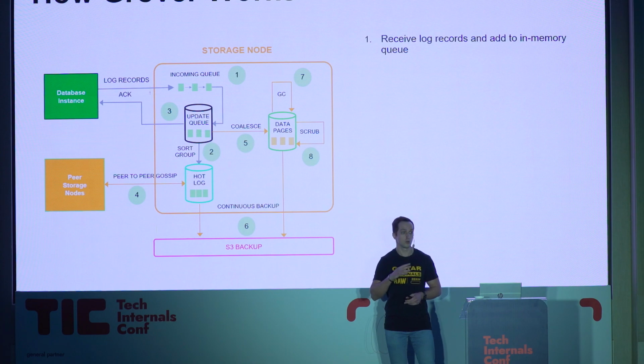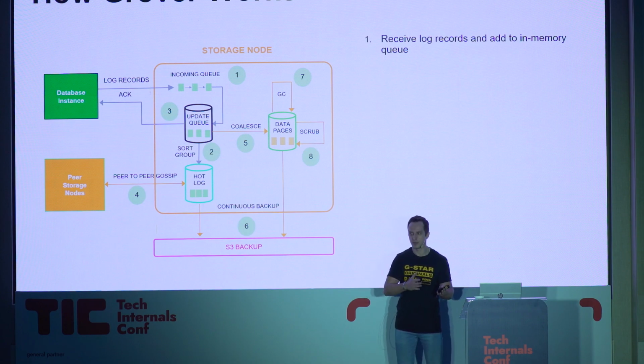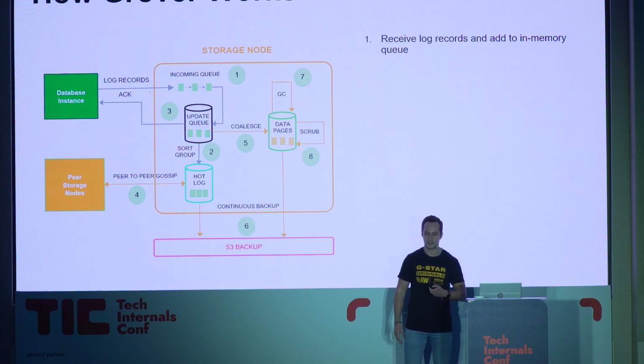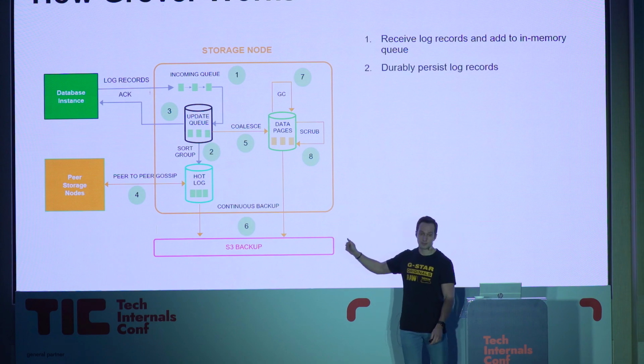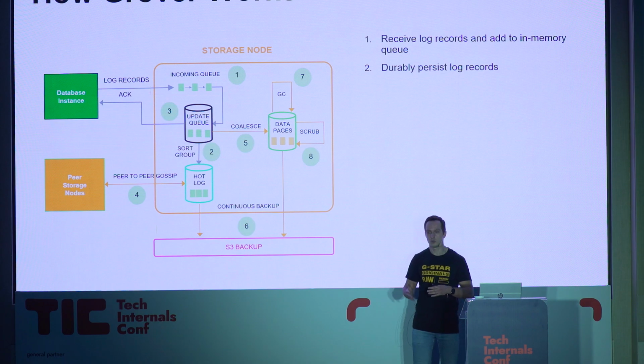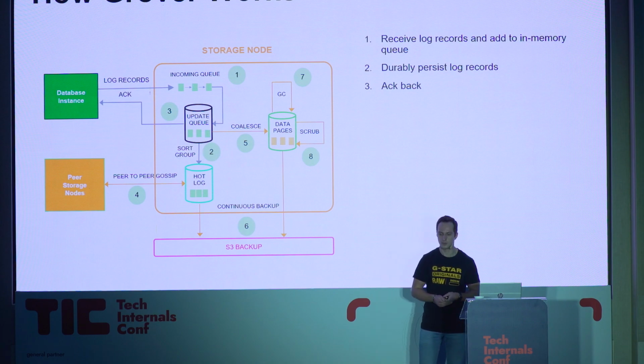At this step, we also do the deduplication, because it can potentially happen that the write was successful, but then, let's say, the connection dropped between the database and our storage nodes. So the database tries to send this record once again, and we discard it immediately. Then we harden the records to a persistent storage, which is the hot log in this case, and only after this step do we acknowledge back that the write was successful.